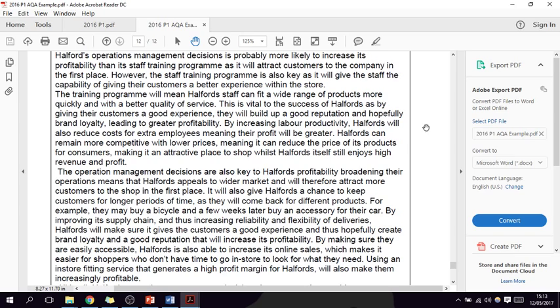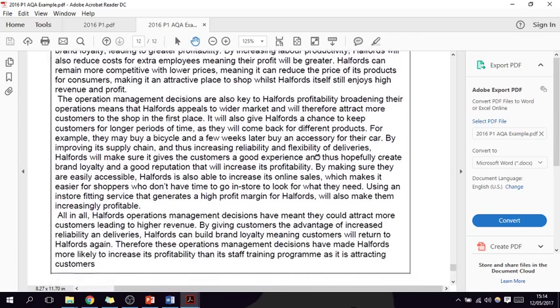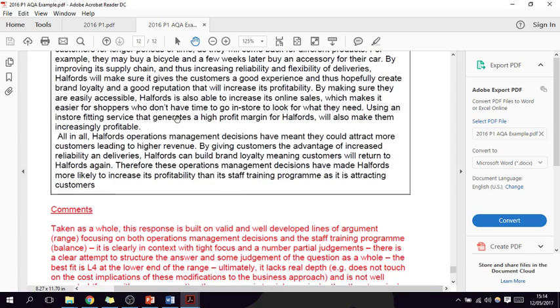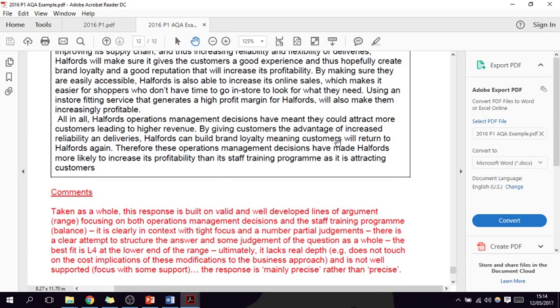If you do pause it and read it, it's worth noting that they talk about how the training program increases revenue, and how operations decisions increase revenue. They don't make any mention of costs, and they've got a fairly basic conclusion: building brand loyalty, customers return, therefore operations decisions are made more likely.